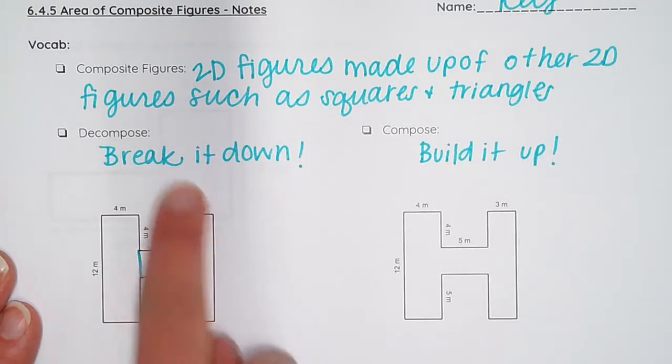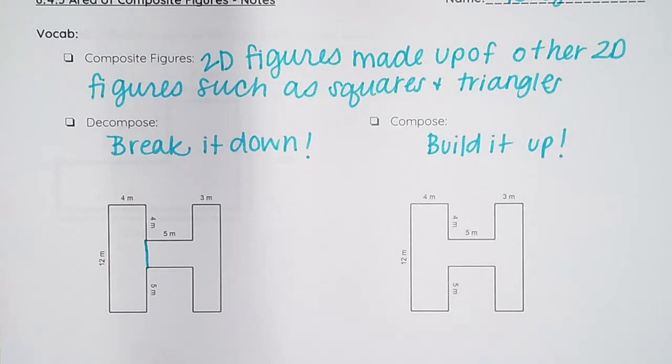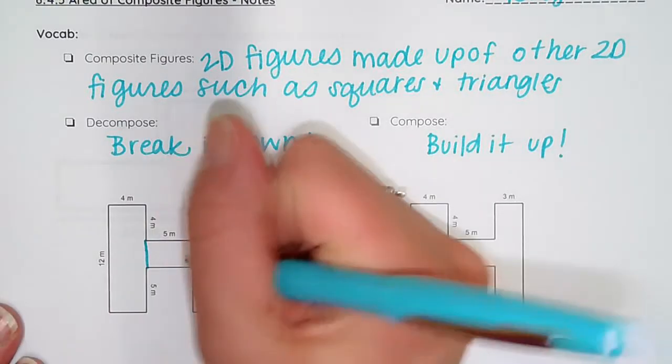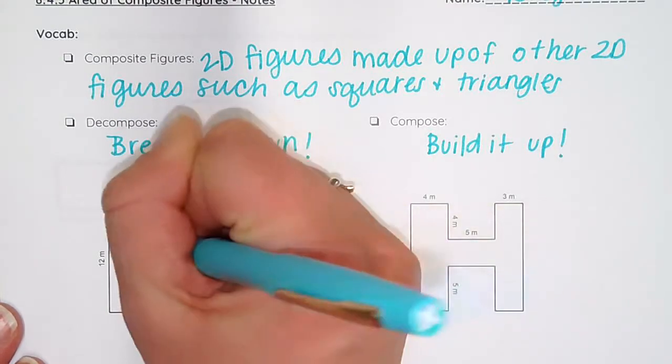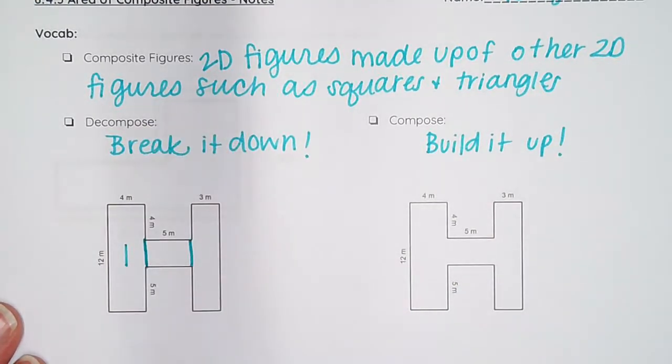So what I could do is look at this H and say, you know what? I don't know the area formula to find the area of an H, but I see that there are 3 rectangles within this H. So if I draw 2 lines, breaking this down, I've got 1 rectangle, 2 rectangle, 3 rectangle.